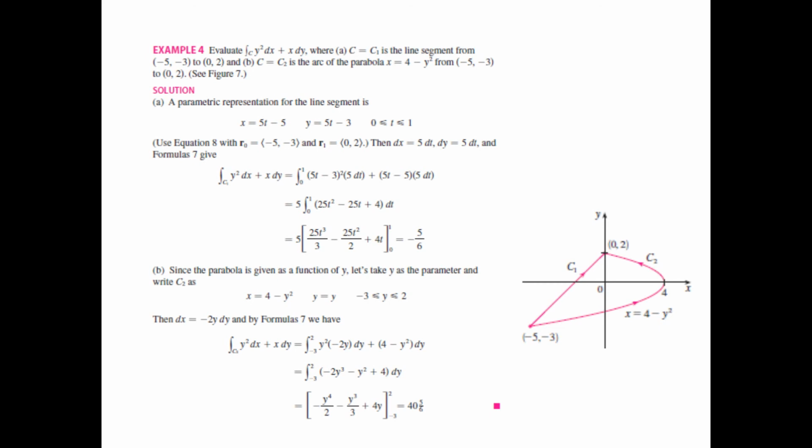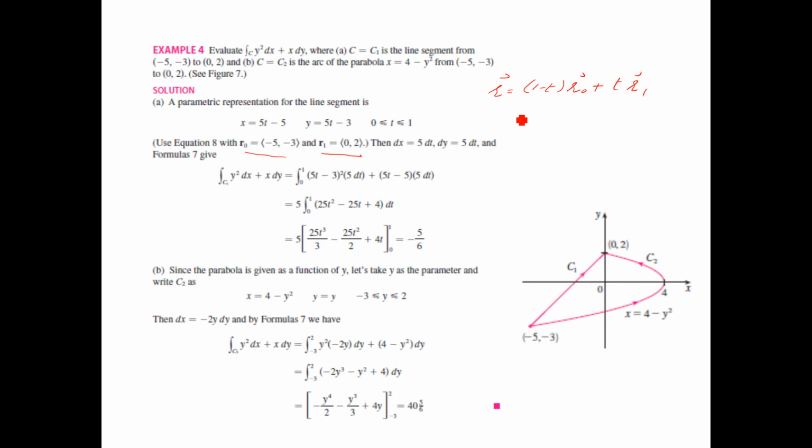So what is the equation of the line? Let me try here to just make sure how this comes. Since we have r naught (-5, -3), r1 is equal to (0, 2), our formula is r is equal to (1 minus t) r naught plus t r1.